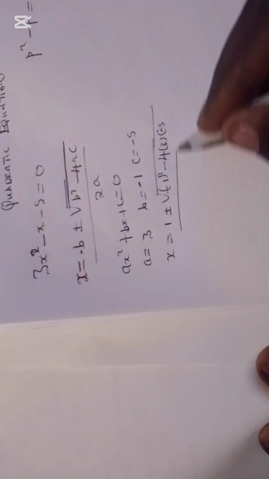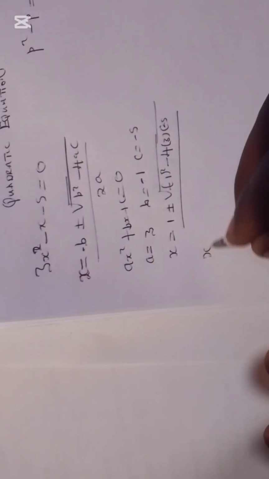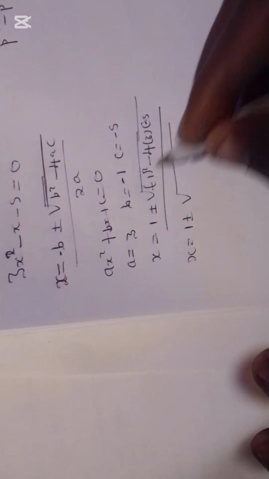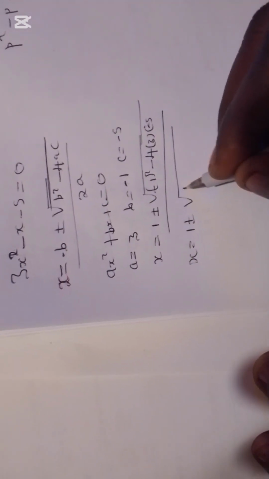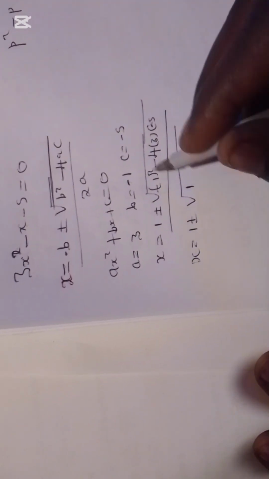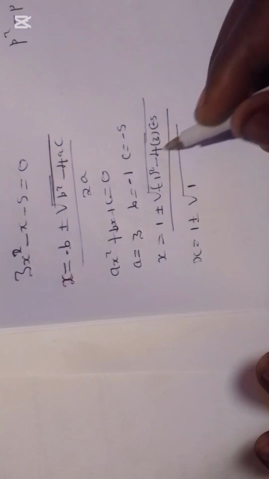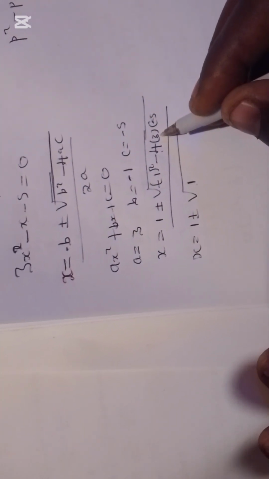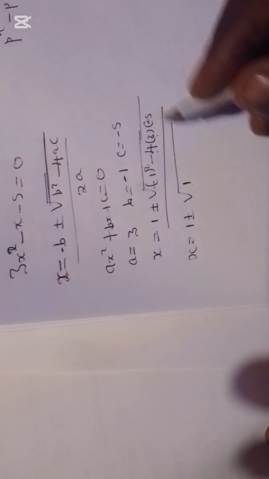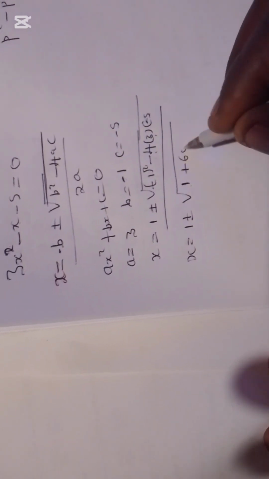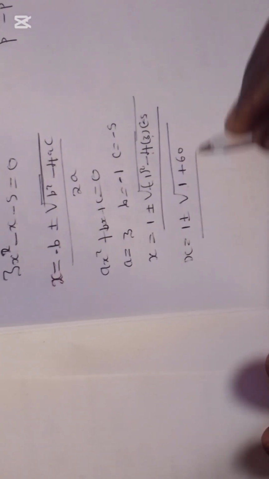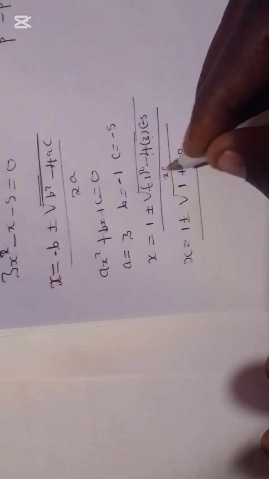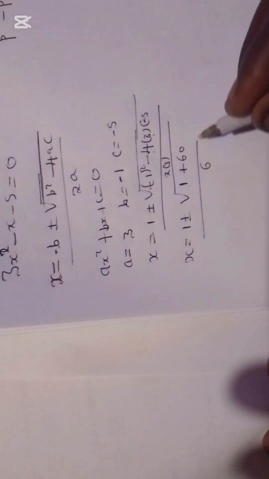Then your line will be x equals 1, positive or negative, square root of, negative 1 squared is 1. Negative 4 times 3 is negative 12. Negative 12 times negative 5 gives us positive 60. At the bottom, 2 times a, which is 3, will be over 6.